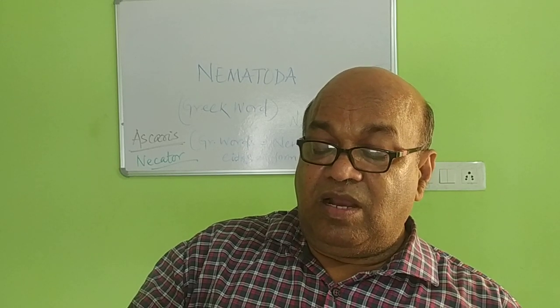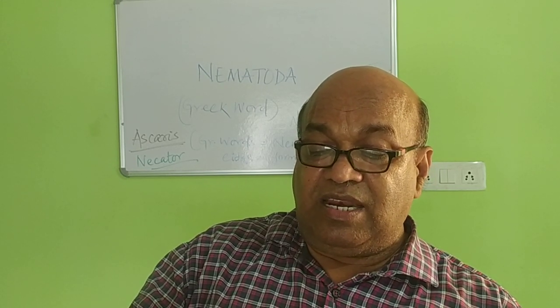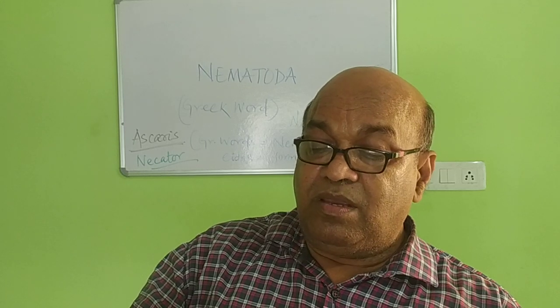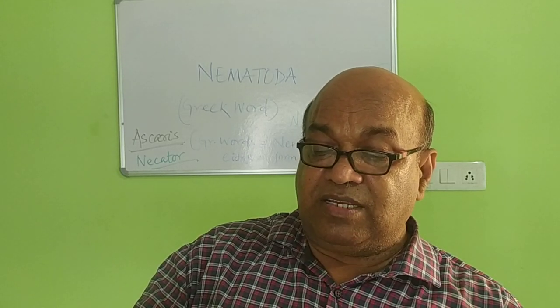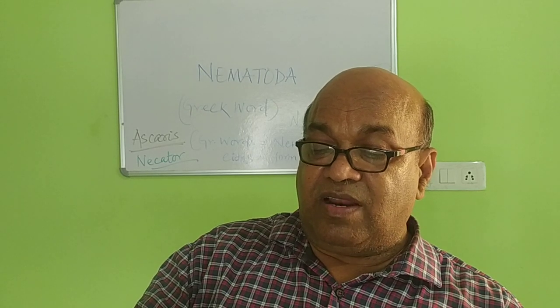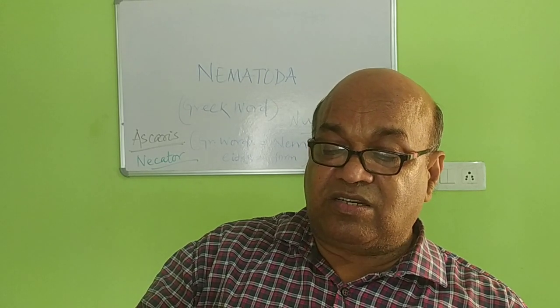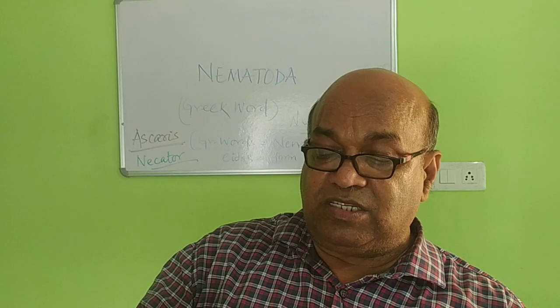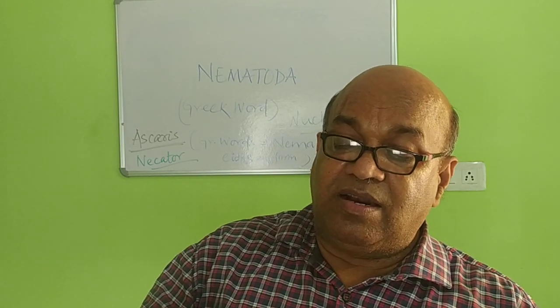The term Gastrotricha is a Latin derivative term. It derives from two Latin words: gaster, which means stomach, and trichus, which means hair. I already explained their characters to you.